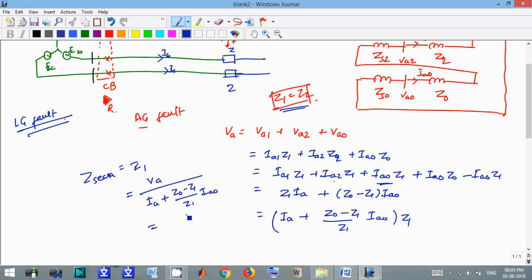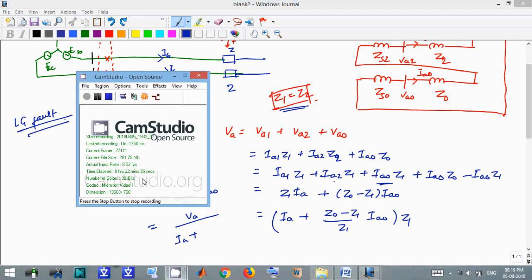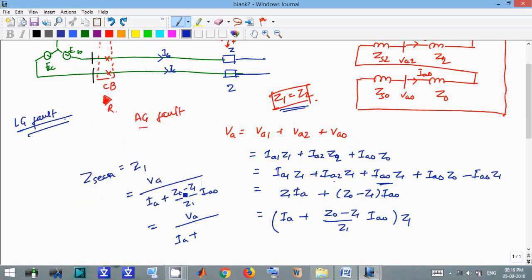This can also be written as VA by IA plus K0 IA0, where K0 equals Z0 minus Z1 by Z1.